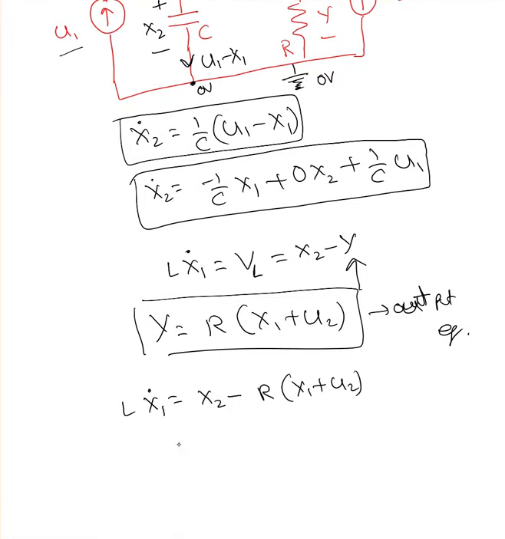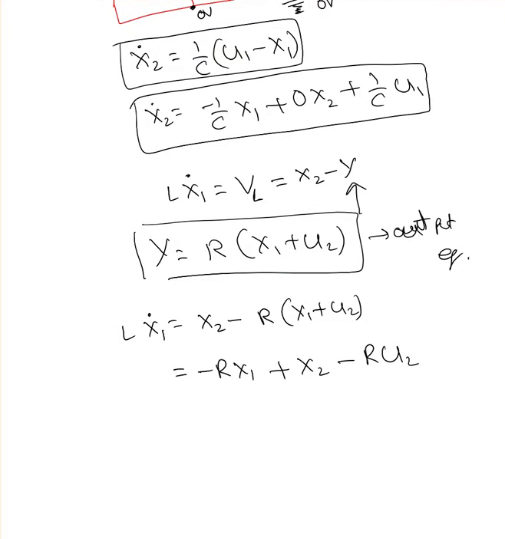Okay, so I can write this as minus R times x1 plus x2 minus R times U2. So if I put it as x1 dot, so divide by L, 1 over L.